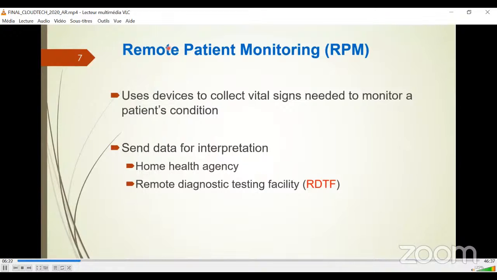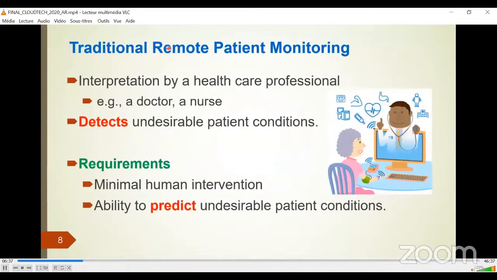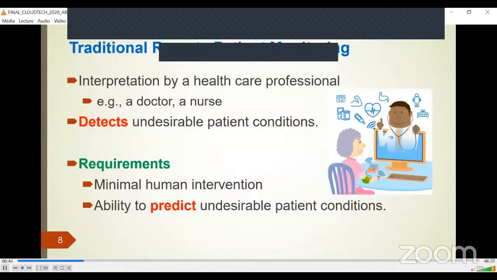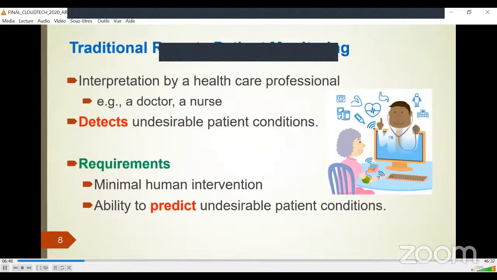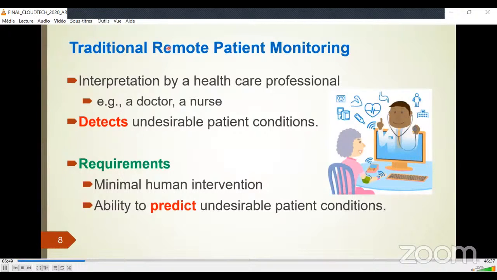So this interpretation process can happen at locations like a home health agency, or an RDTF, or a doctor's office, or a hospital. So in traditional RPM, the interpretation is conducted by some healthcare professional, for example, a nurse.